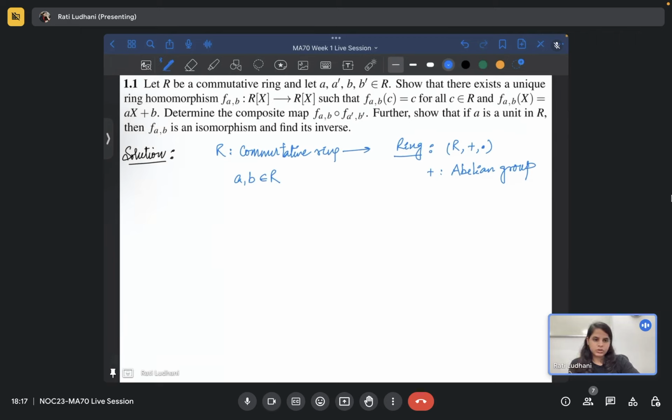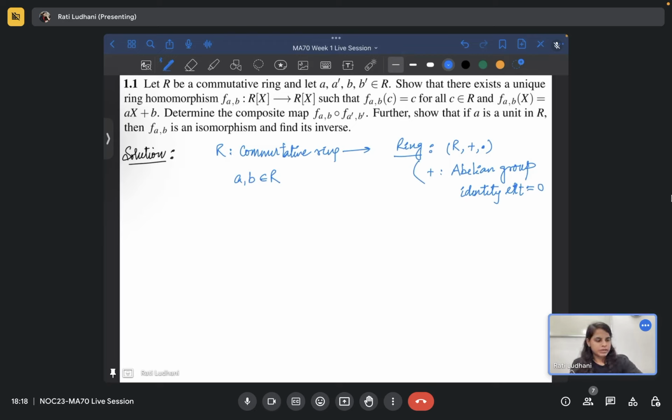It is closed under addition. It is associative under addition. It has an identity element, and usually we will write that identity element to be 0, the identity with respect to addition. And it has inverses with respect to addition.